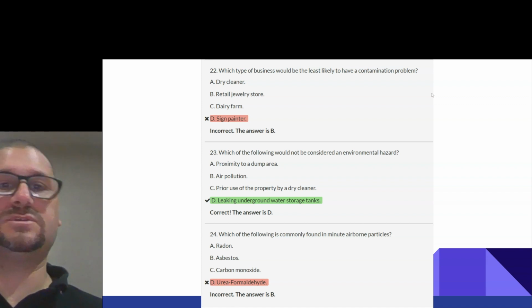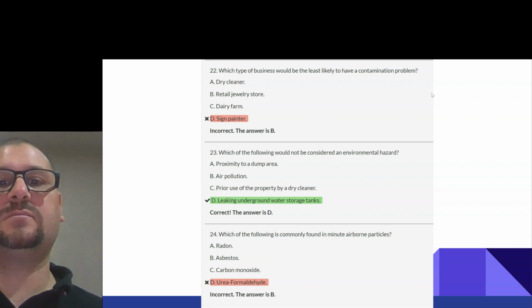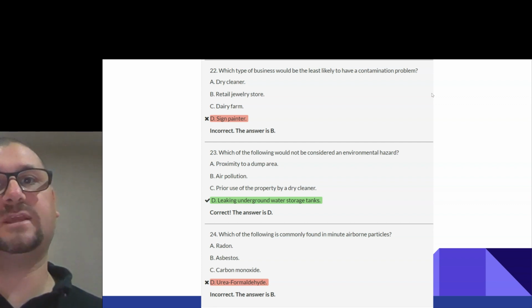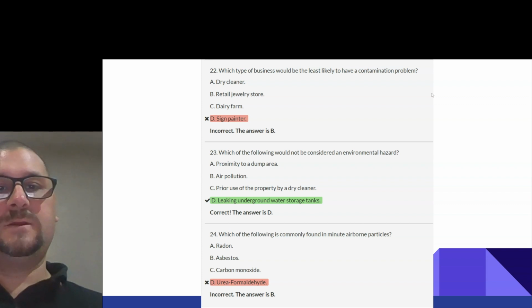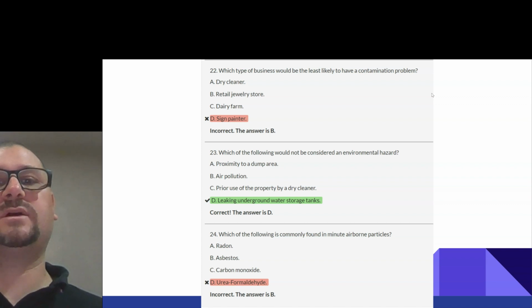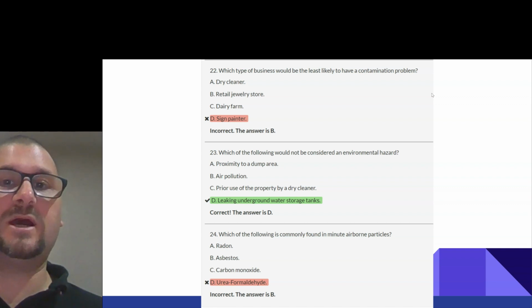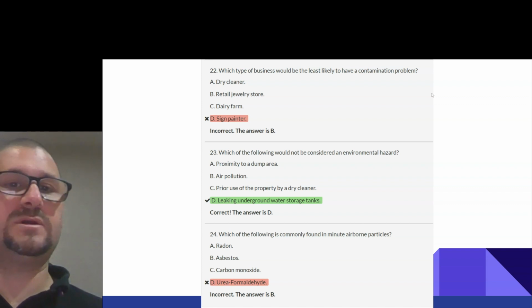Yes. Air pollution? Yes. Prior use of the property by a dry cleaner? Yes. So that would be considered an environmental hazard. So would leaking underground water storage tanks be considered an environmental hazard? Oh, sorry, no, it would not be considered an environmental hazard.